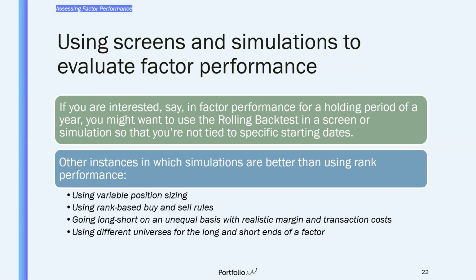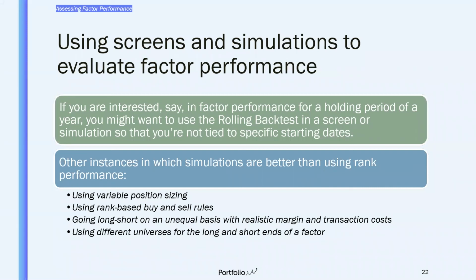If you're going long or short on an unequal basis with realistic margins and transaction costs, then obviously you can't really do that just by using buckets. Or if you're using different universes for the long and short ends of a factor. For example, you can't really short microcaps. So you want to look at a ranking system that's good for both long and short, but you want to short the factors on a different universe than the longs, then you'll have to do that with simulations and books to evaluate the performance.